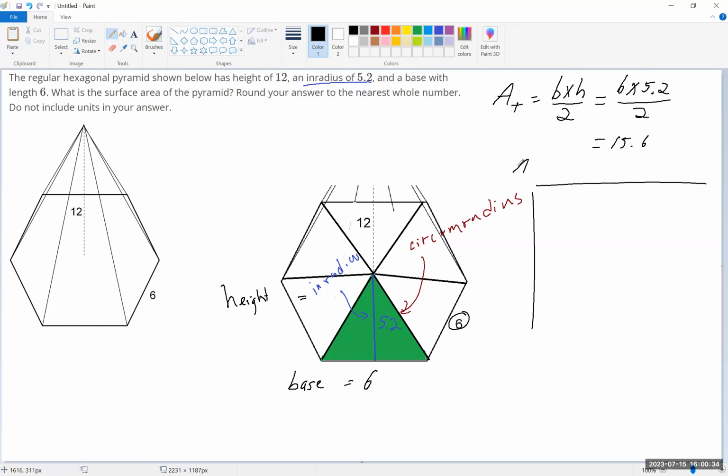So then the area of the hexagon, or the textbook uses the area of the polygon, it's fine either way. There's 6 triangles like the green triangle, and that's 6 times 15.6.